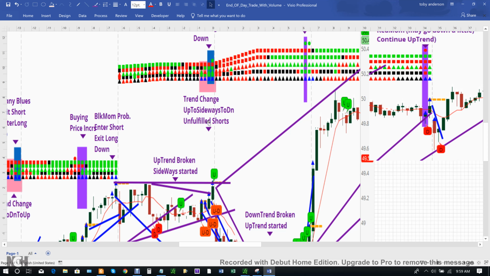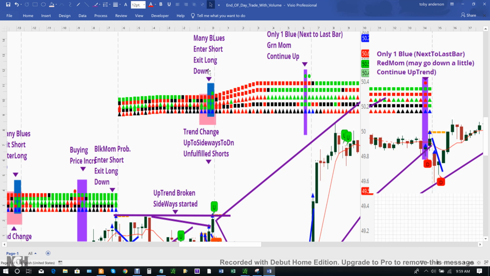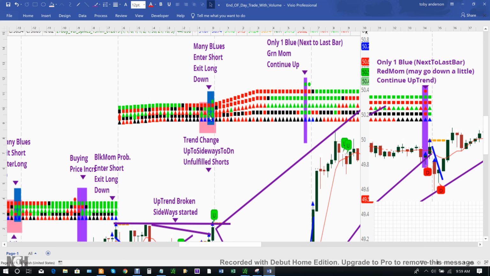You're on an uptrend. The first thing that's going to happen is, for some reason, enter the short happens first, and then exit the long. So in both cases, the short comes first, then the long, right?